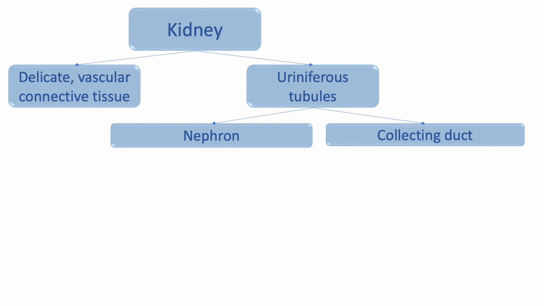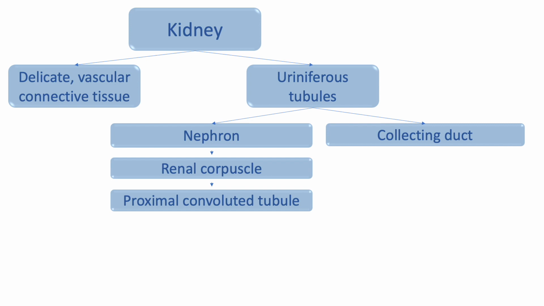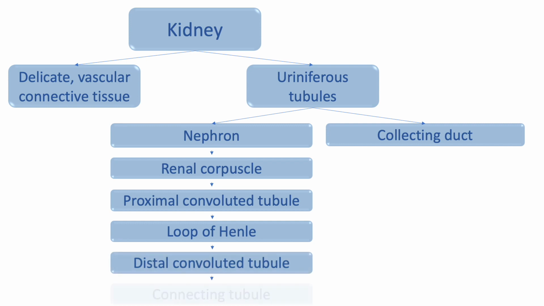Each nephron consists of renal corpuscles that help in ultrafiltration of plasma and various parts of the renal tubule that include proximal convoluted tubule which helps in selective resorption of water, glucose and electrolytes, loop of Henle that helps in countercurrent exchange and multiplication, distal convoluted tubule and connecting tubule that help in active secretion.